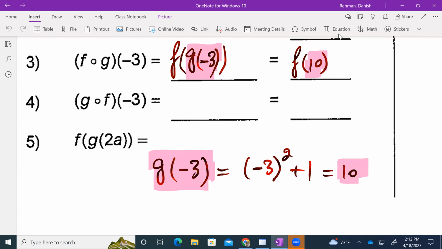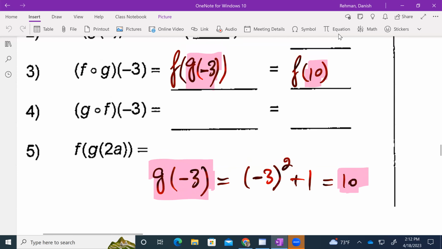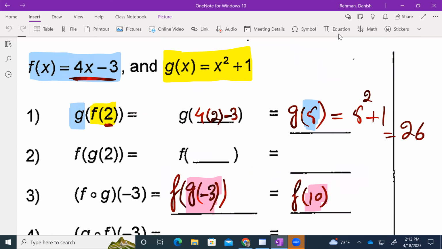And then how will we solve the f of 10? f of 10 will be solved with the blue function. And the blue function tells me that whatever is the x, which is a 10 in this case. Why the blue one?